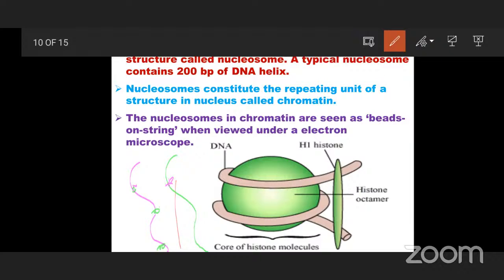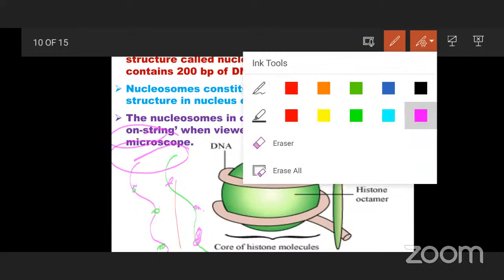In this chromatin, some bead-like structures are present. The nucleosomes in chromatin are seen as a beads on string-like structure, viewed under the electron microscope.